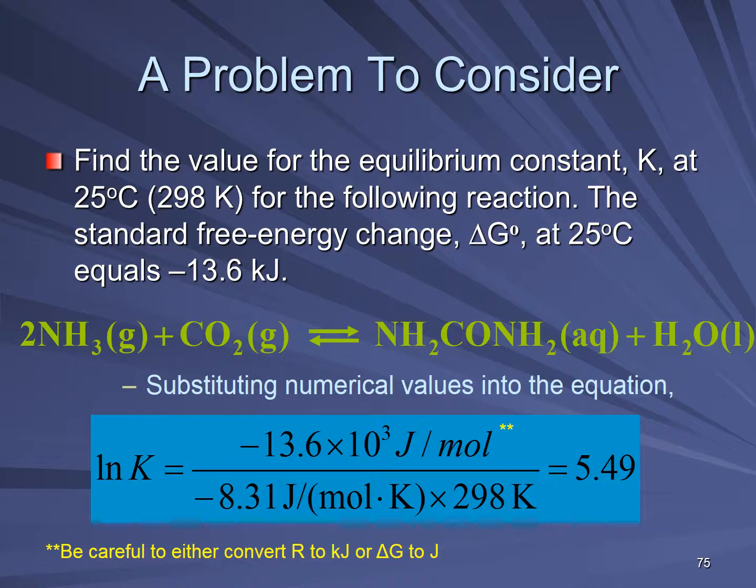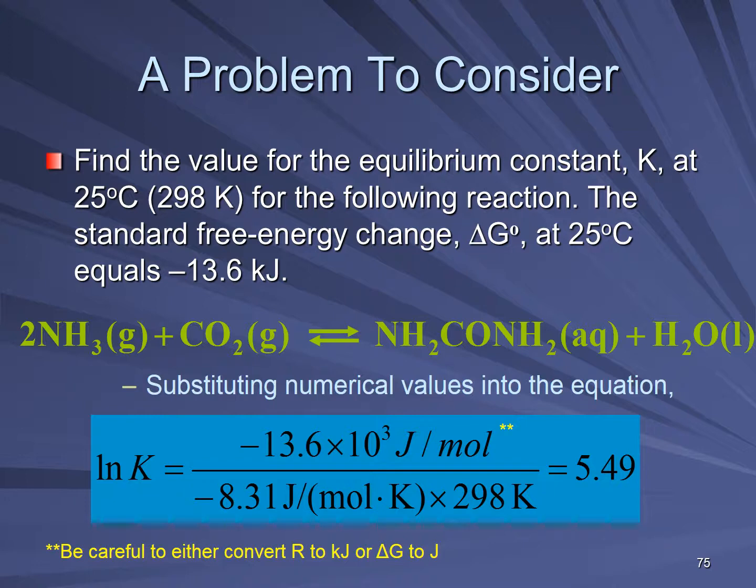You either have to convert R to kilojoules by dividing by 1,000, so then you would have negative 0.00831 in the denominator, or you have to convert delta G to joules, which would be multiplying by 1,000. And the reason why you want to do that is because you want your units to cancel out.